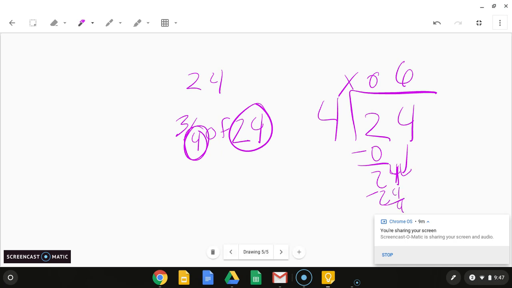So what that means is that 1/4 of 24 equals 6. I'm sorry for my handwriting.